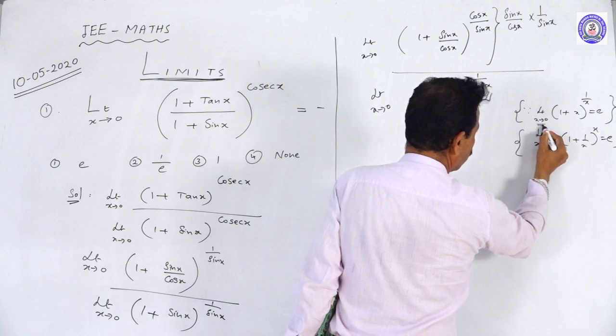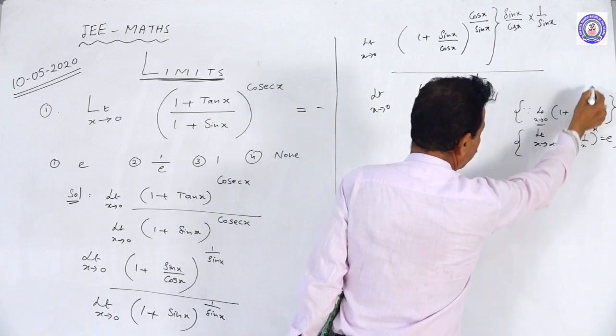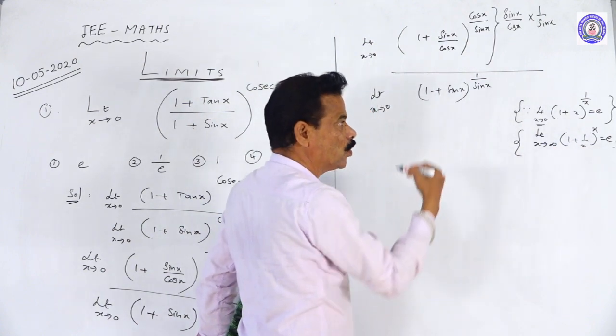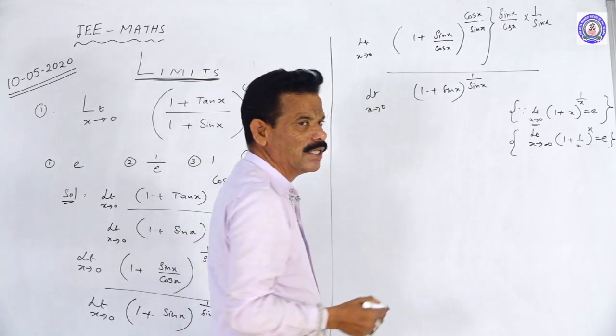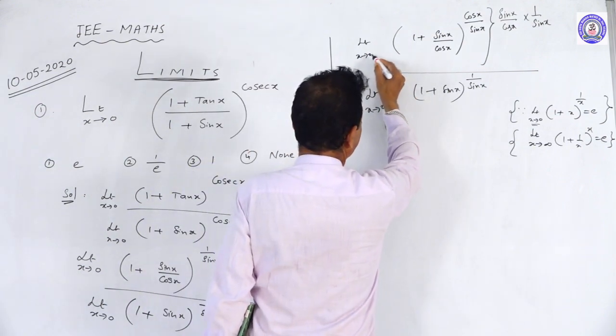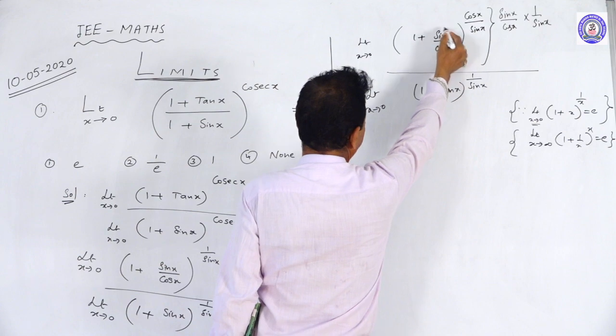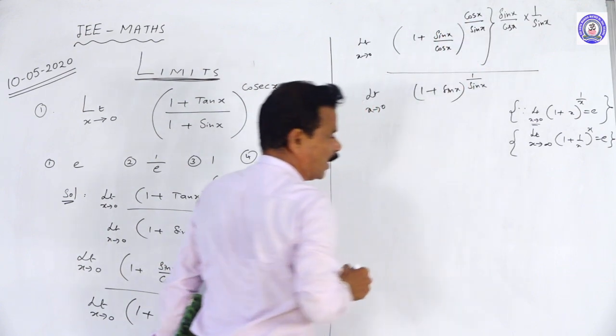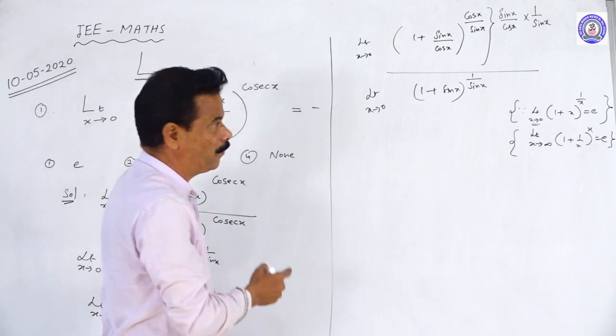Here x tends to 0, (1 plus x) power 1 by x. Here x tends to infinity, (1 plus 1 by x) to the power x. Both are the same answer, e. That's why, here x tends to 0 means sin x is 0, here 0, here infinity: 1 plus 0 power of infinity, approximate value e.